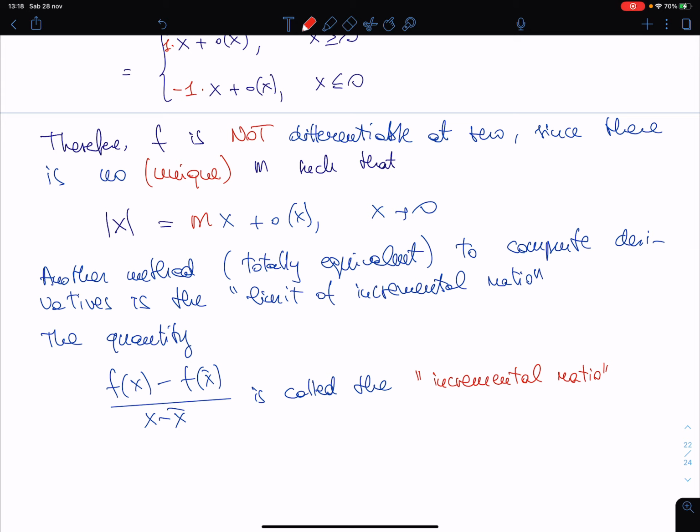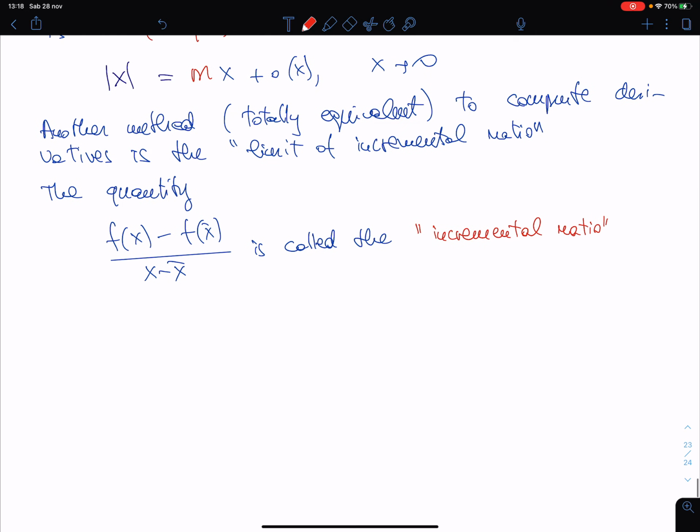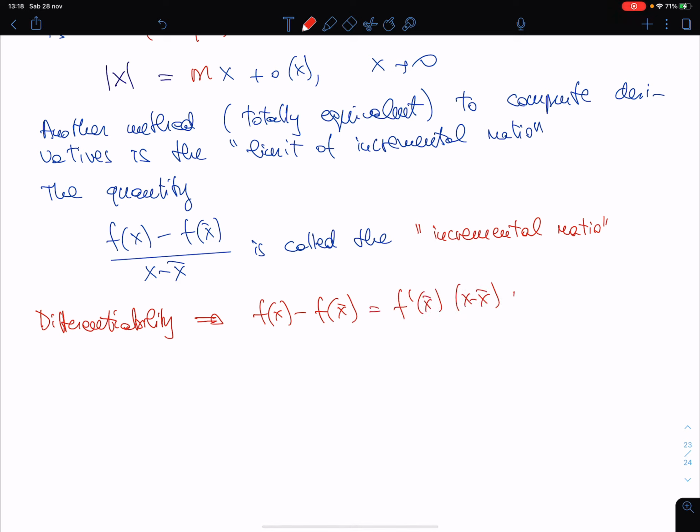And differentiability states that f of x minus f of x bar is equal to f prime of x bar times x minus x bar plus little-o of x minus x bar as x goes to x bar.